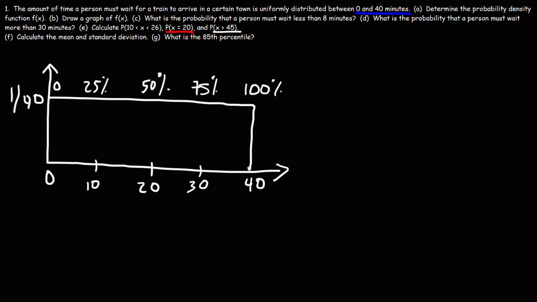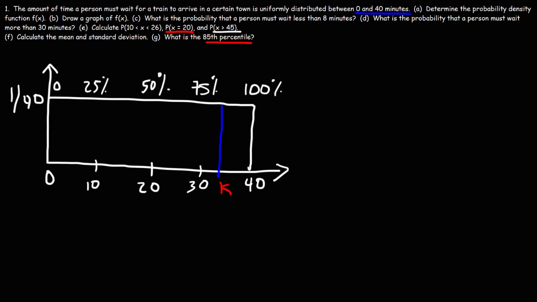So the 85th percentile is somewhere between 30 and 40. Let's call that value k. So k is the value that we're looking for that corresponds to the 85th percentile. How can we find k in this problem?